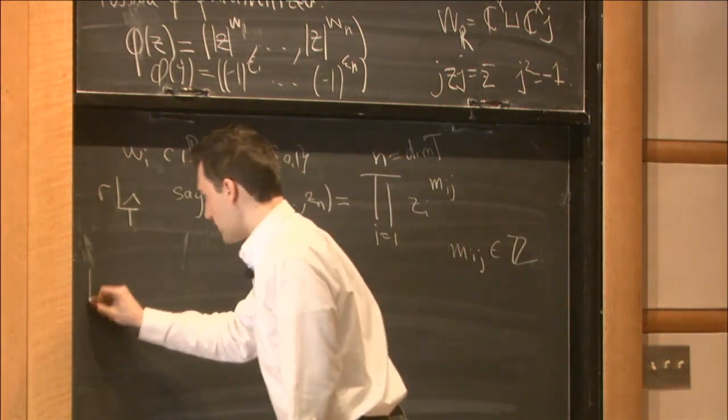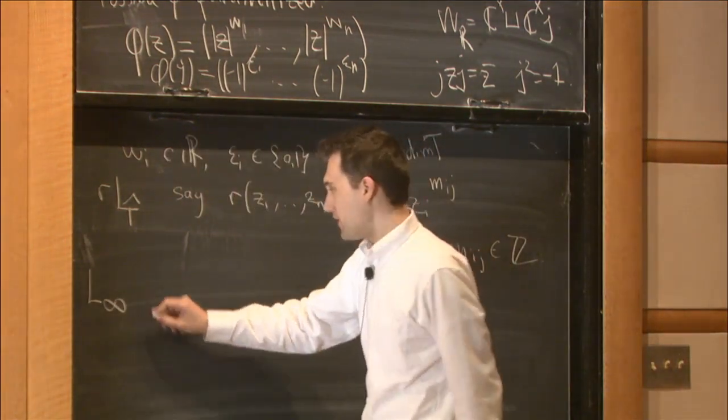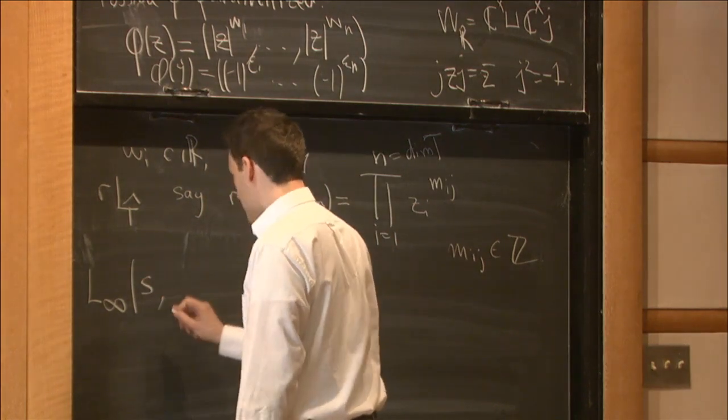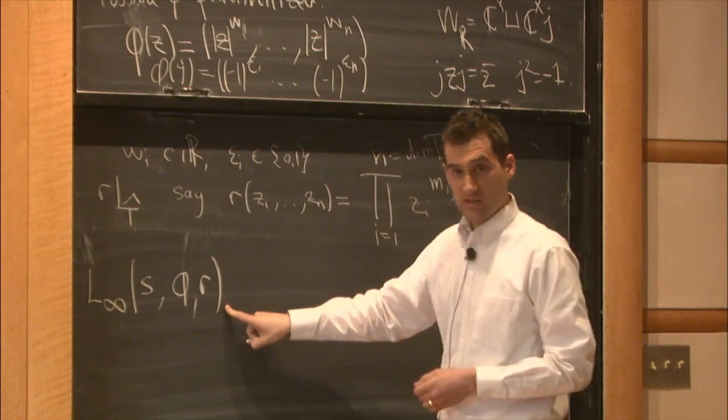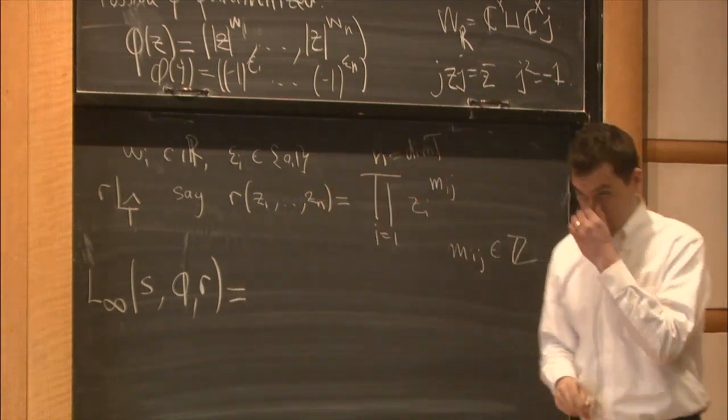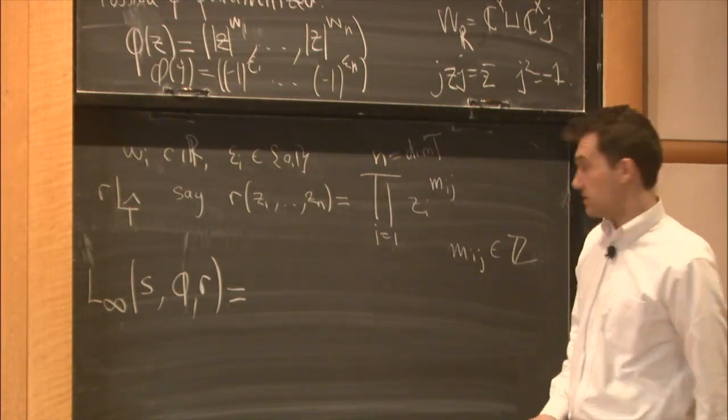Then the L factor at infinity associated to this phi and to this representation of the L group I can write down explicitly in terms of gamma functions.